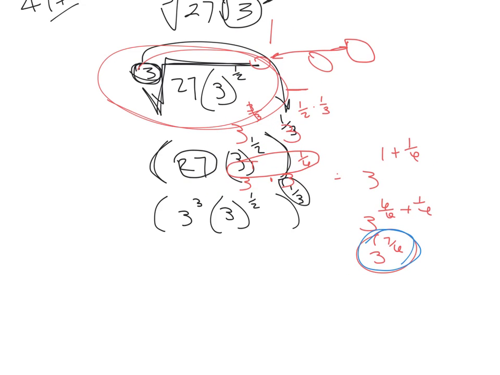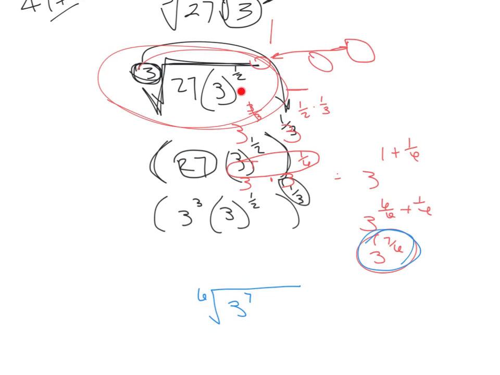If I wanted to change it back into radical form, I would make it the 6th root of 3 to the 7th power. Okay, so again, this is the exponent, this is the index, the root that goes right there. So you could translate it back to this if you wanted it in radical form.